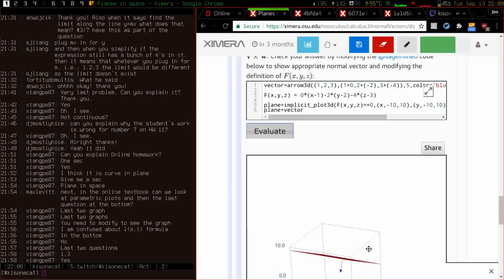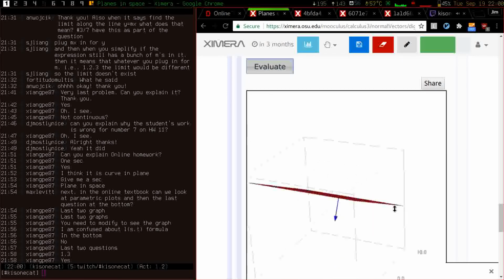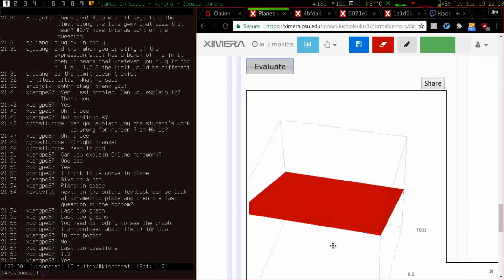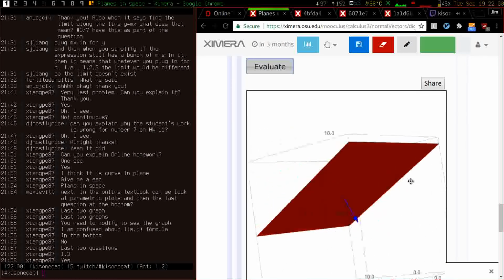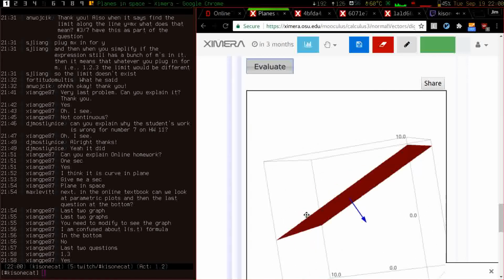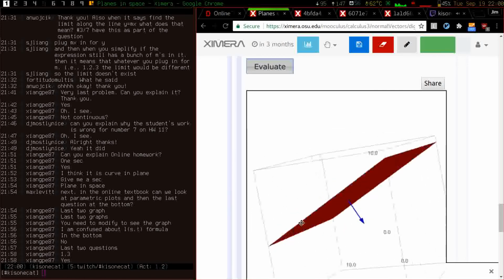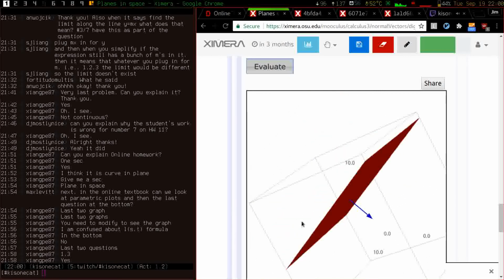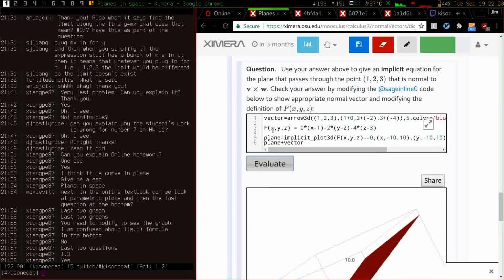And then, oh, look at that. That's so great. Now my plane is in fact normal; you can tell that the blue vector is really perpendicular to that plane. So I've successfully written down an equation that defines a plane implicitly. The equation is f equals 0, and the vector which I wrote down is the normal vector. Is that the sort of thing you're wondering about?